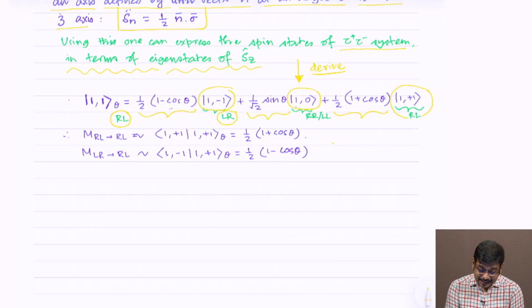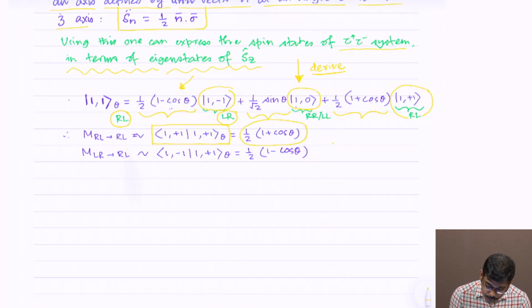And this will now allow you to see that if you take M RL going to RL, then what you are going to evaluate is the inner product of the 1 plus 1 state with 1 plus 1 theta. If you do that, you can clearly see this particular coefficient, which is half into 1 minus cos theta.